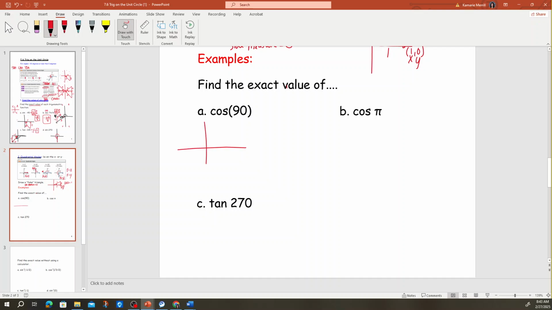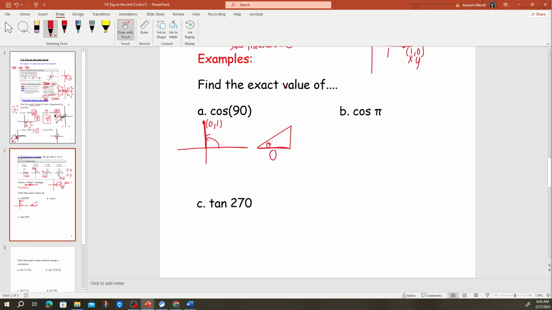So 90 would rotate my initial side here. So again, I don't have a triangle. If I go over here and draw my fake triangle, and I'm going to pretend theta is right here, the coordinate I'm going through is going to be 0, 1, right? We're going to use ones for easy numbers. To get to that terminal side, I went in the x direction how far? 0.